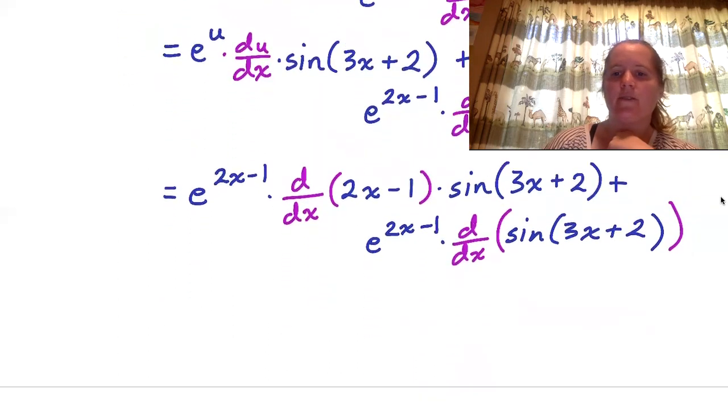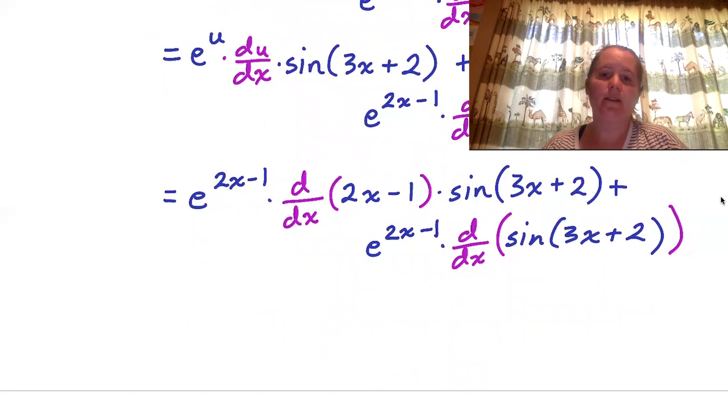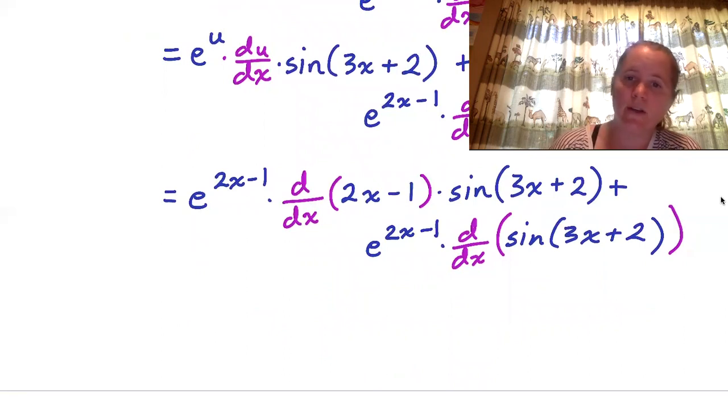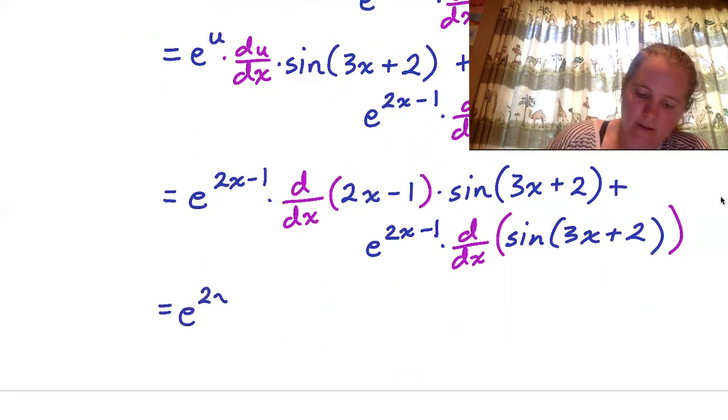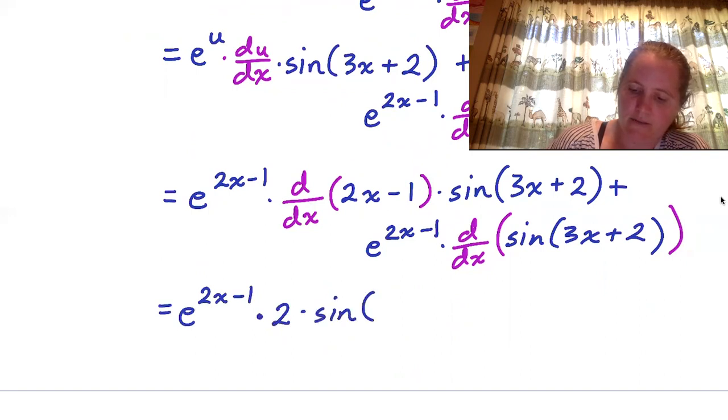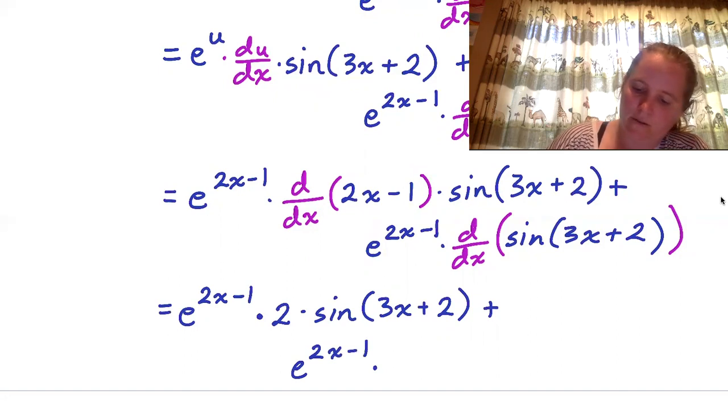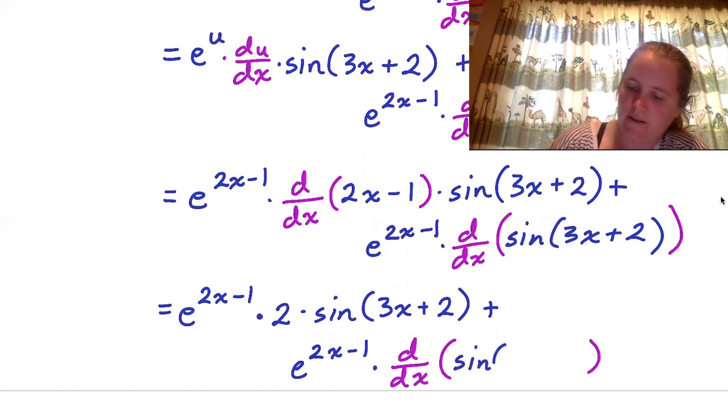At this point, for that first chain rule, all we need to do is take that derivative of 2x minus 1. Well, there we just have e to the 2x minus 1 times 2 times sine of 3x plus 2. Plus, now we have e to the 2x minus 1 times the derivative with respect to x of sine of 3x plus 2.